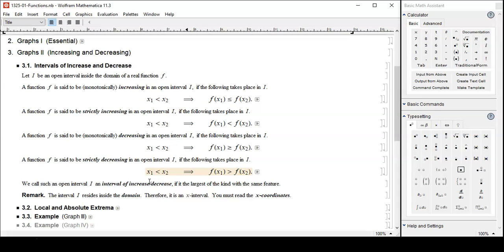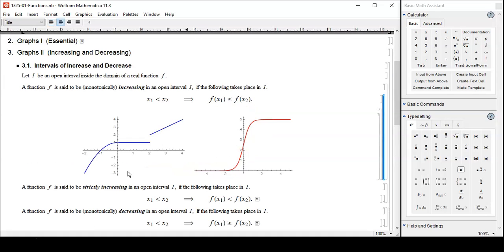As x1 is less than x2 strictly, that means x2 is strictly bigger. So as x increases, how about the y-coordinate? The y-coordinate also increases like this, but this is a semi-inequality, so it's okay to stay the same for a while like this, a horizontal segment here. And you can have a jump, but a jump upward, never downward.